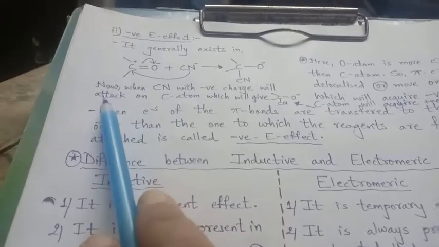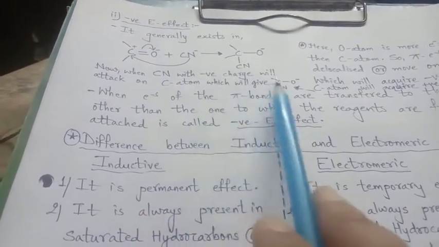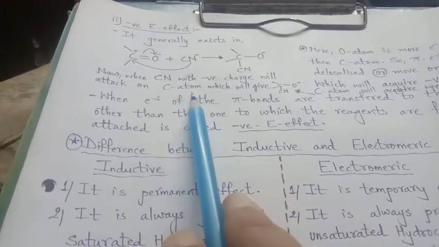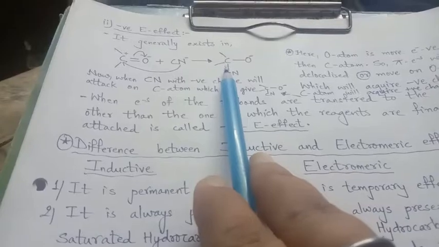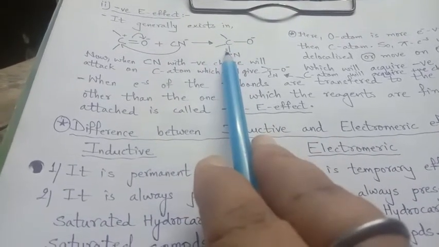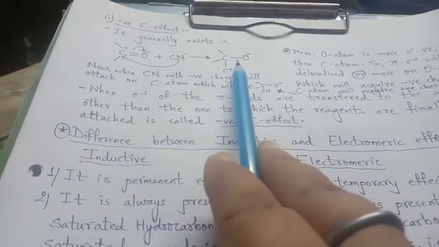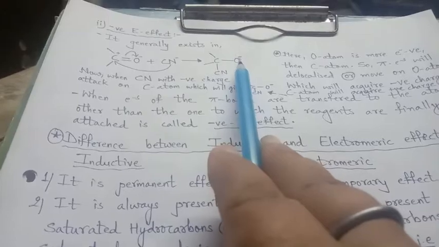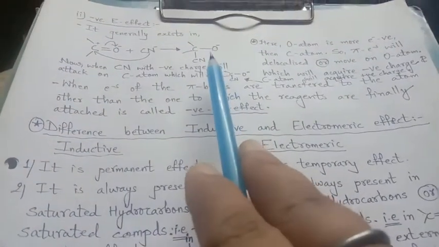When cyano, that is CN with a negative charge, attacks the carbon atom, it will give the product C, satisfying all its valency, 1, 2, 3 and 4, the tetravalency of carbon, and oxygen here will acquire the negative charge.